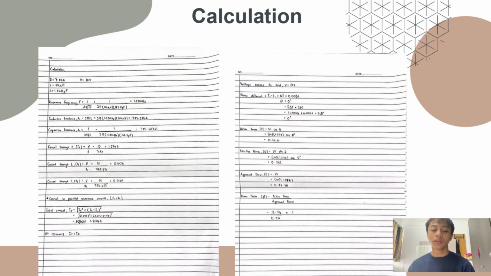Then V is 10 and I is 1.274, and we got 12.74 VA. Then we calculate the power factor. The formula of power factor is active power over apparent power. So we got the power factor is 1.